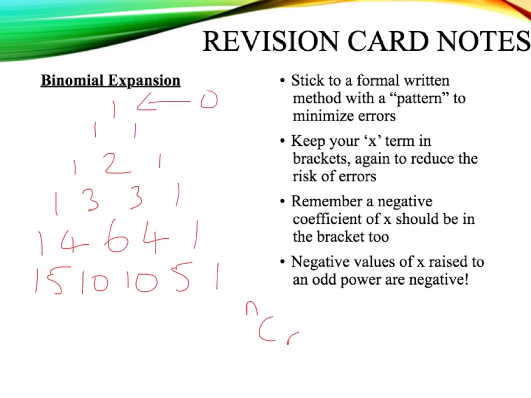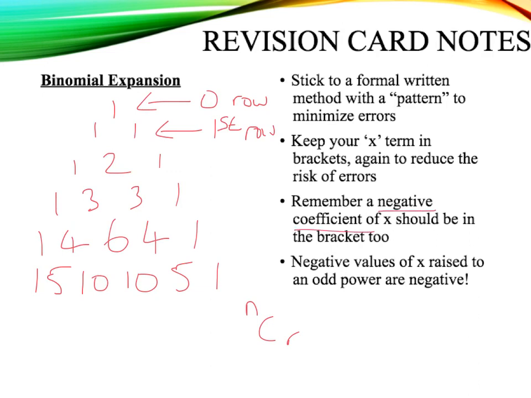If you are using Pascal's triangle, remember that the first row with just a 1 on its own is the 0 row. That's something that can sometimes confuse people. This is my first row, and so on. If you've got anything other than just an x, stick it in a bracket. So any negative coefficients of x, put in a bracket.